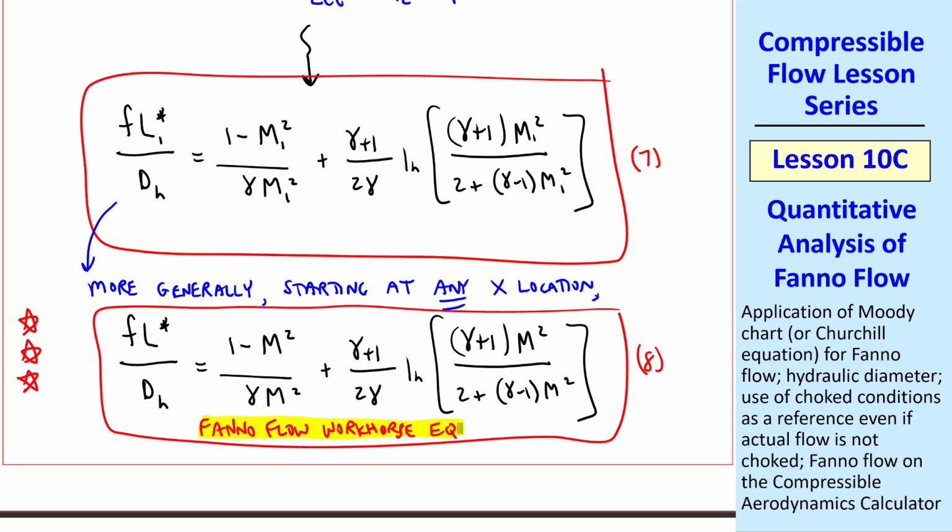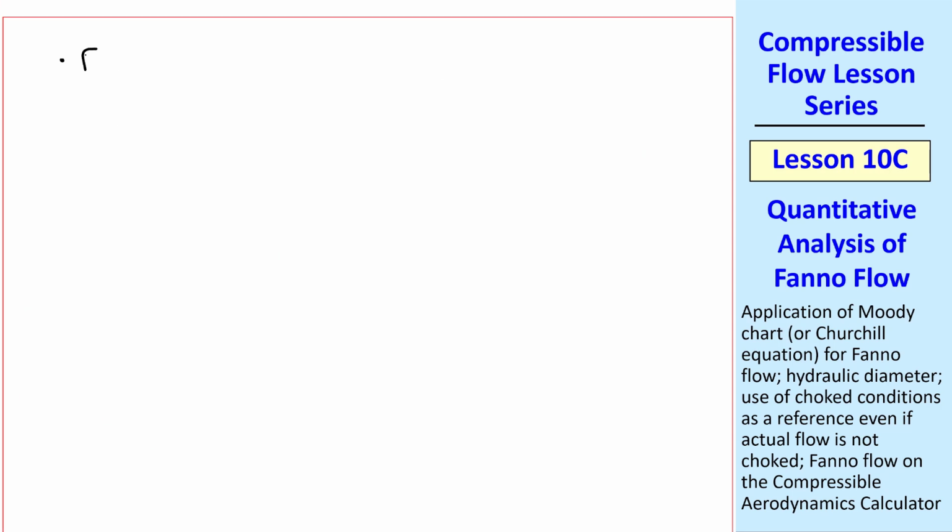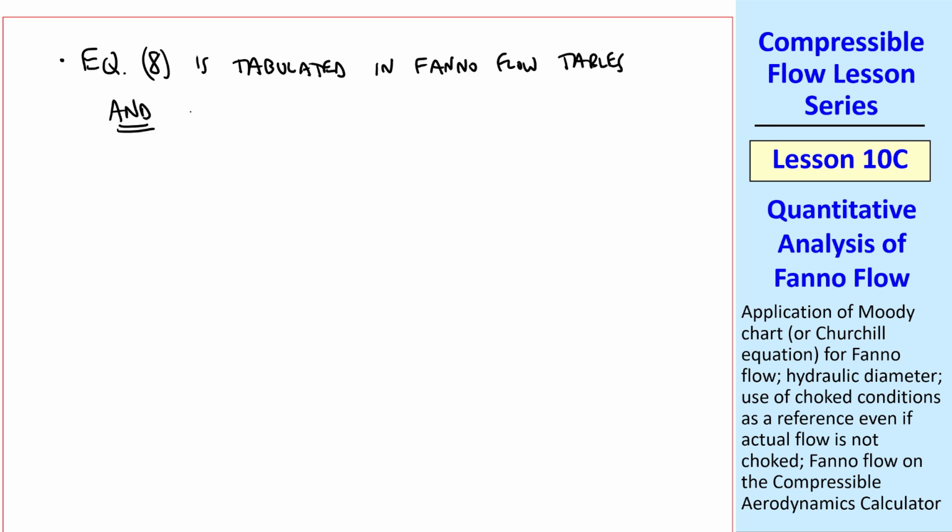We'll be able to apply equation 8 starting at any x location along the pipe. It turns out that equation 8, our workhorse equation, is what's tabulated in Fanno flow tables and in the compressible aerodynamics calculator online. I'll show you how to use the CAC for some example.